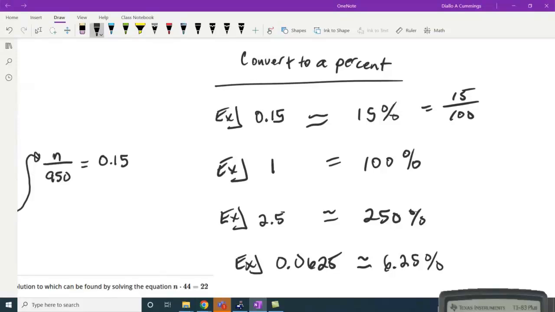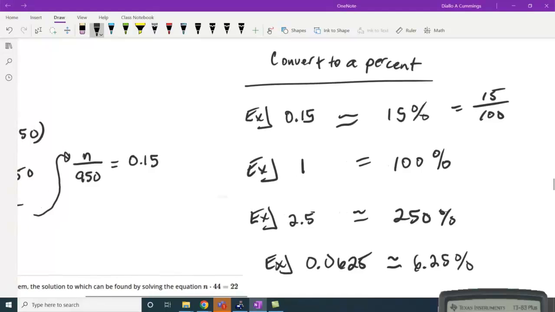So I can rewrite this as n over 950 is equal to 15 over 100.